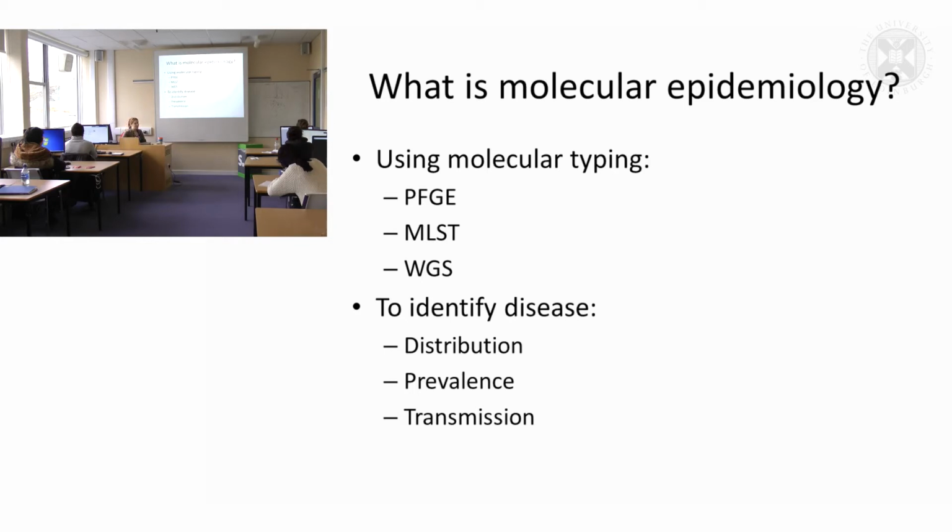Or you might want to know the nature of a particular disease and its prevalence. There are a variety of different ways to do molecular epidemiology: pulse field gel electrophoresis, multi-locus sequence typing, and whole genome sequencing. I'm going to elaborate on these, but they're basically different levels of resolution, if you like.